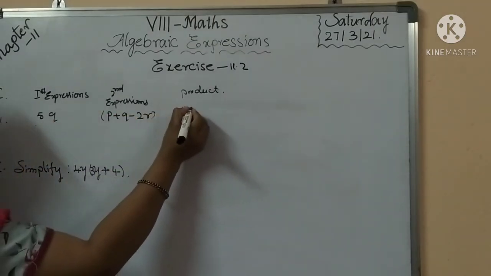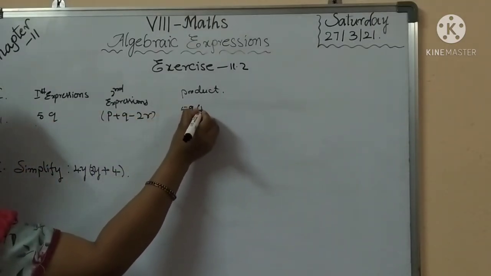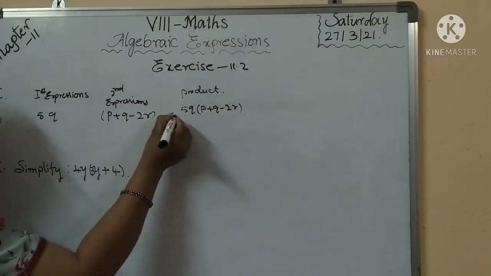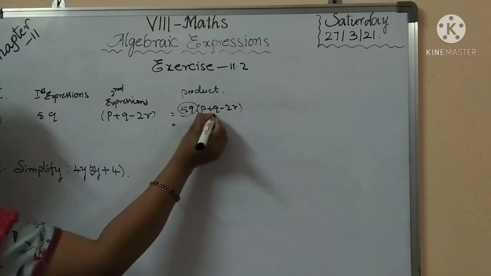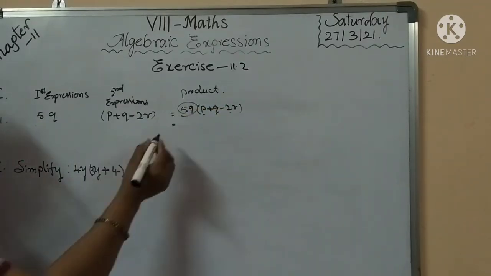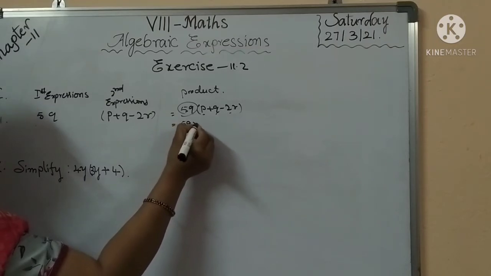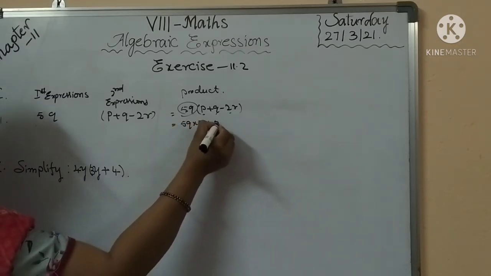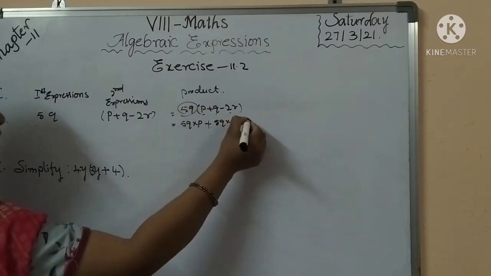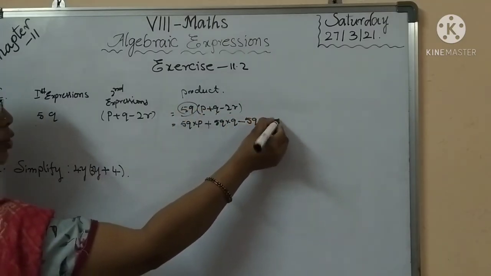Here product means multiplication: 5q into p plus q minus 2r. So in this case the monomial multiplies every term. So 5q into p plus 5q into q minus 5q into 2r.